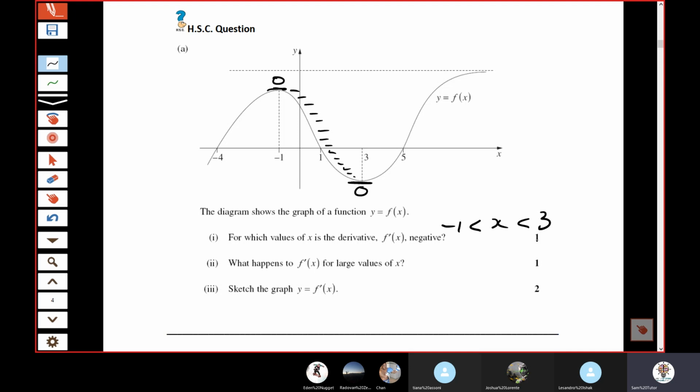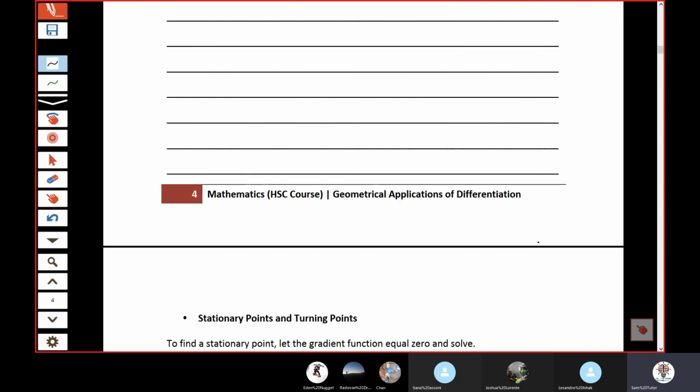Part (ii): what happens to the derivative for large values of x? What happens to f dash for large values of x? Okay, I didn't realize this was coming up so soon. That's okay, it's not what we have covered exactly yet. So let me just see, scroll down.